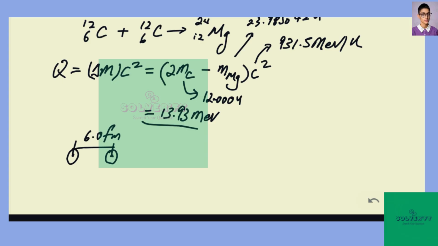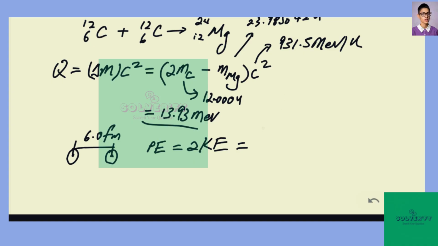So what you've got to do is find the potential energy. This potential energy must equal the total kinetic energy of the system when they are very far apart, so this equals 2 times the individual kinetic energies of the nuclei. We want to find the individual kinetic energy.